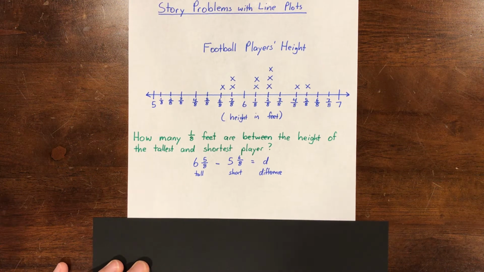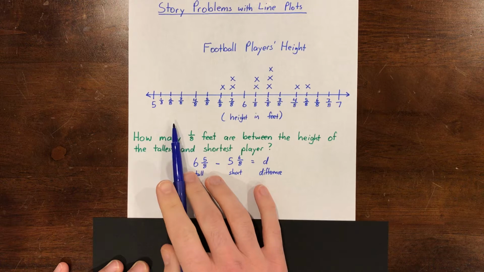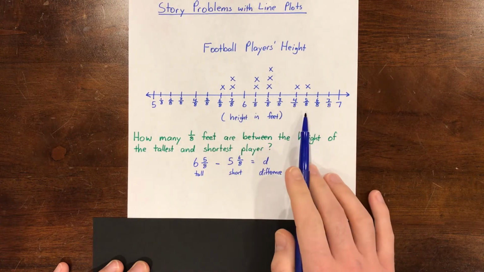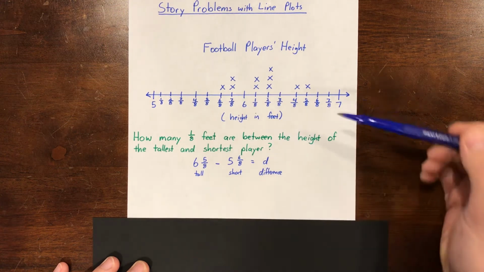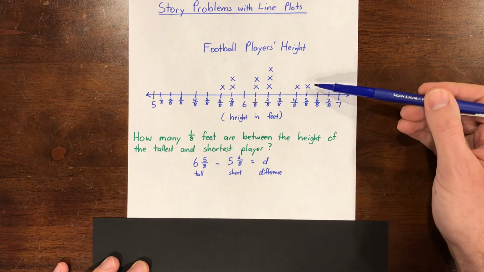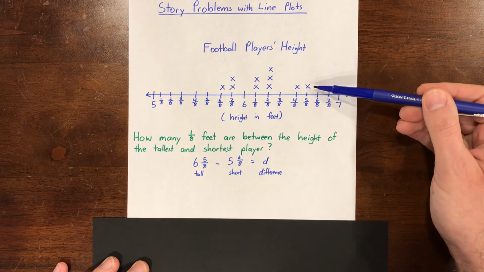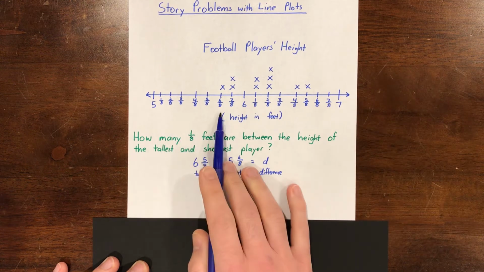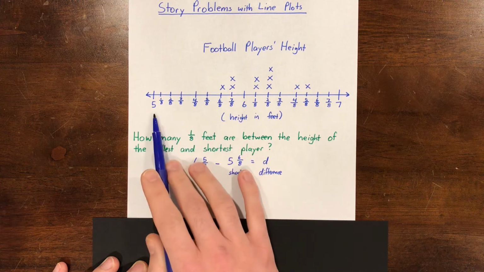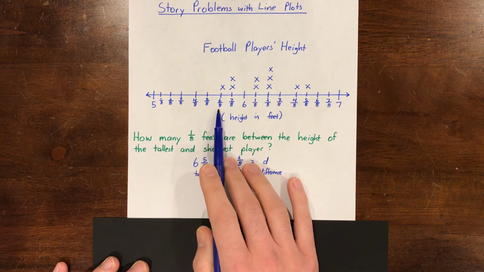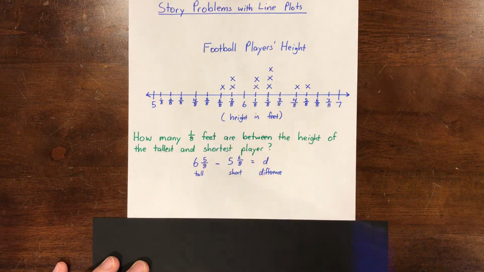Yeah, we know from looking at the line plot that 6 and 5/8 is the tallest height because it's the greatest height on the line that also has an X over it. If there's an X, it tells us that someone on the team had that height. The smallest height with an X over it was 5 and 6/8.